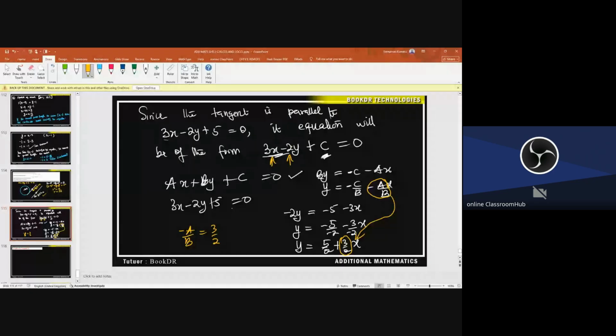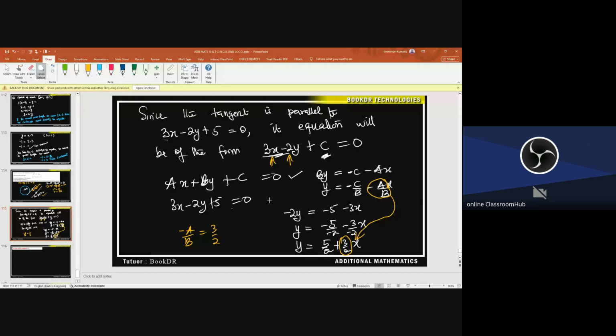So if I say another line is parallel to it, and the line is written in the standard form, then the line that is parallel to it is likely to also have the form whereby the coefficient of the x and the coefficient of the y will all be the same, except the constant term there. Good.